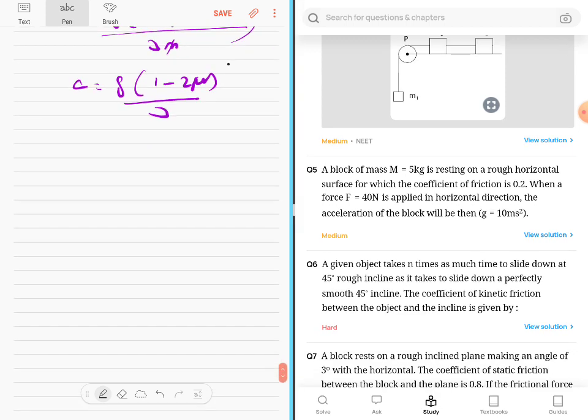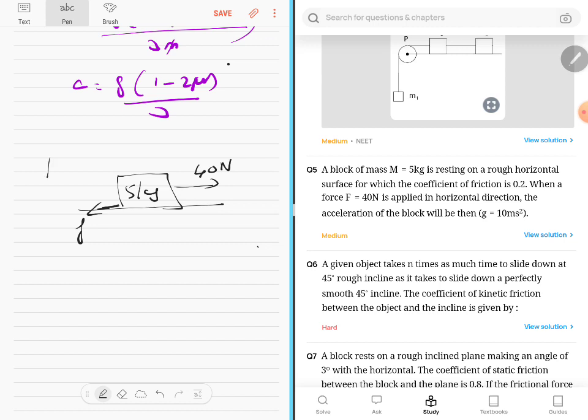A block of mass 5 kg is resting on a rough horizontal surface for which the coefficient of friction is 0.2, when a force of 40 Newton is applied in the horizontal direction. The acceleration of the block will be, okay, there is a coefficient of friction, frictional force in this direction.